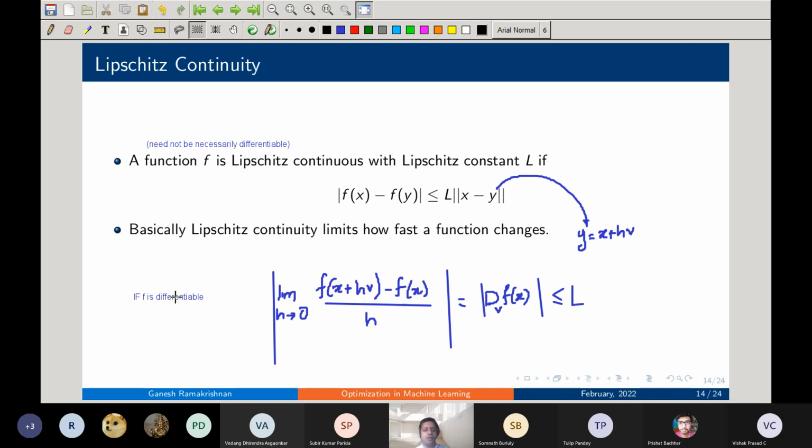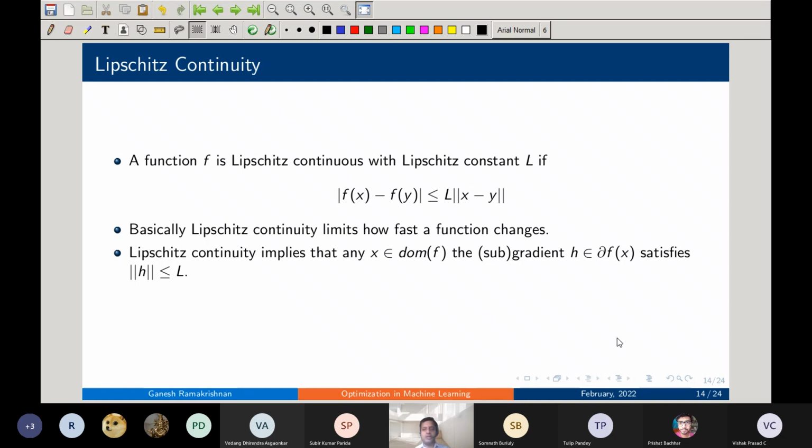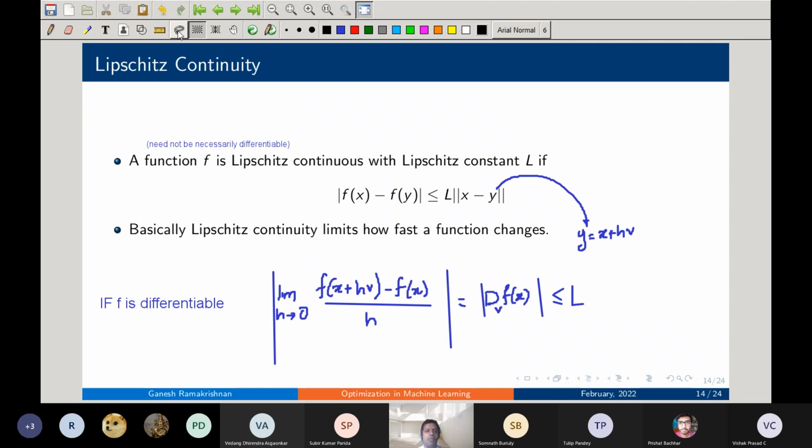Therefore, we have to put this additional clause: if f is differentiable. Only then. This also means that for any unit norm vector v, the absolute value of the directional derivative along v is less than or equal to L. Let me take this entire description again on the next slide.